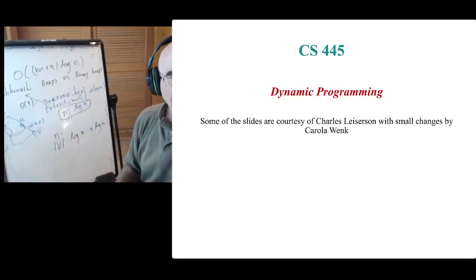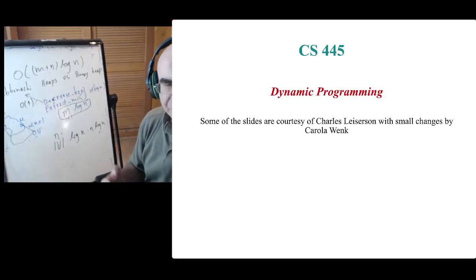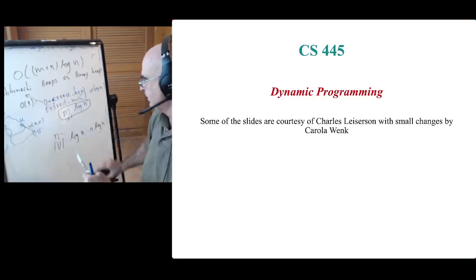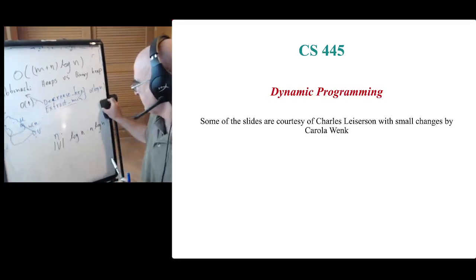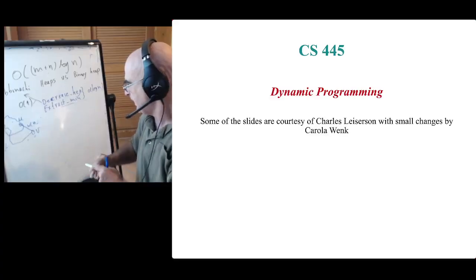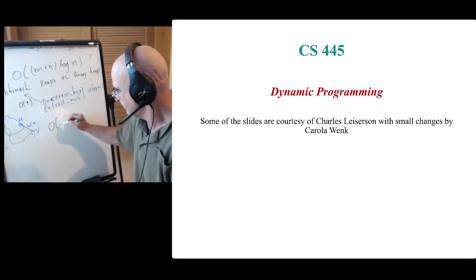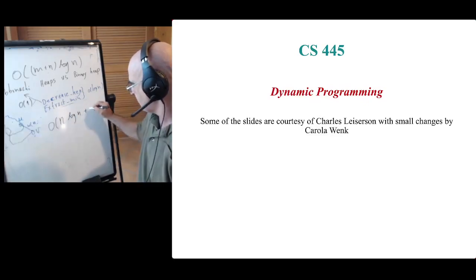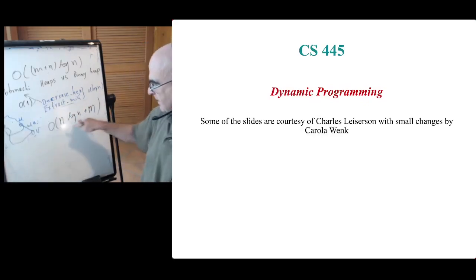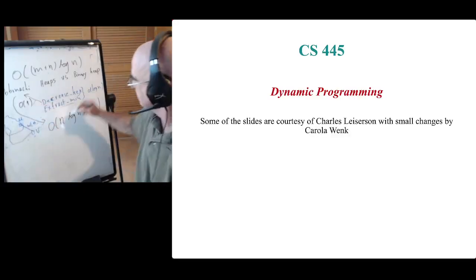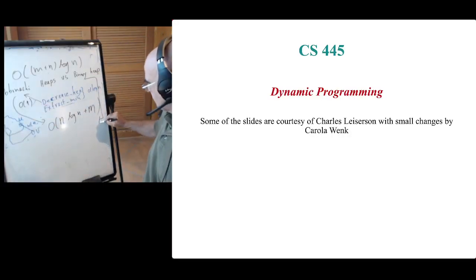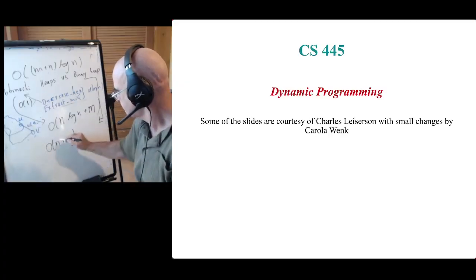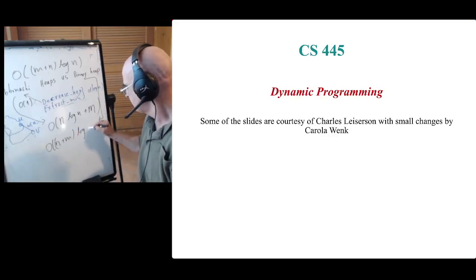The amortized analysis is a bit harder, but on average each decrease key costs only constant time, which implies that the whole Dijkstra algorithm takes n log n plus m. That's with Fibonacci heaps, and with binary heaps, the running time is order of n plus m times log n.